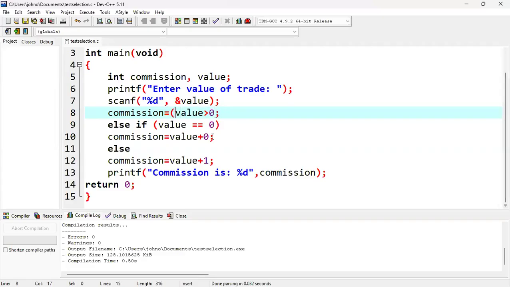We can say if the value is greater than 0, then we have value plus 1. Else, we can have value, let's say minus 1. So this is the implication.